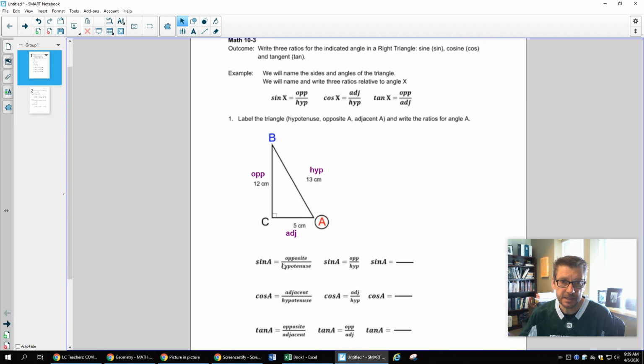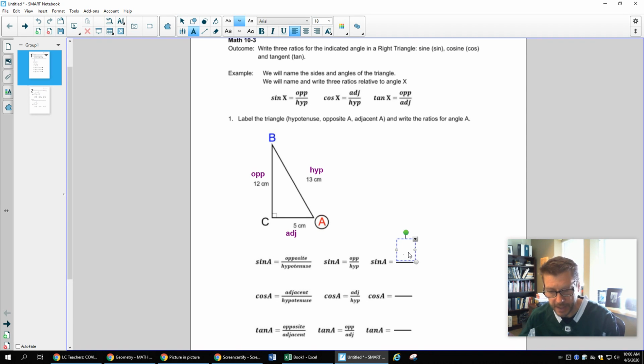So we say the sine ratio is defined as the side that's opposite in a ratio to the side that is the hypotenuse. So my opposite side is 12. Because I'm asking what side is opposite angle A, I put 12 in here.